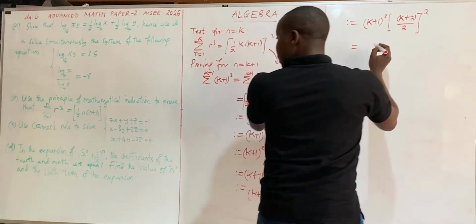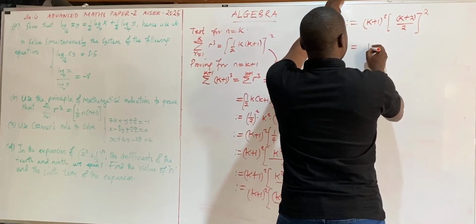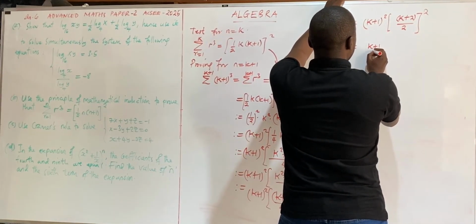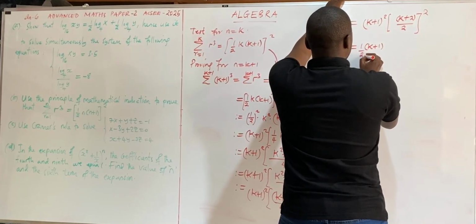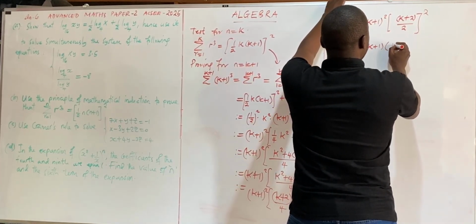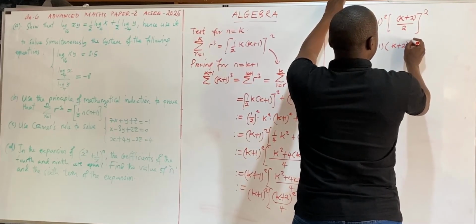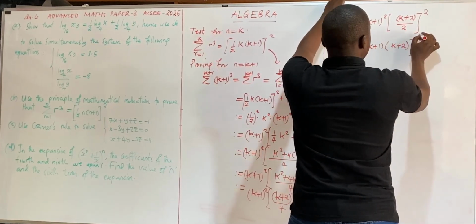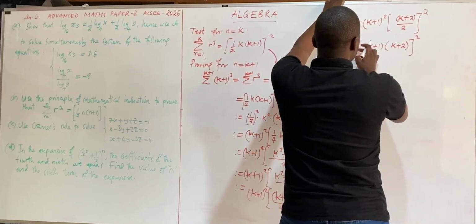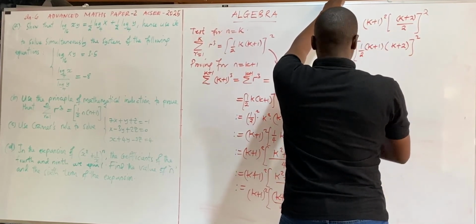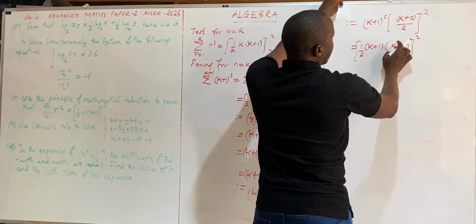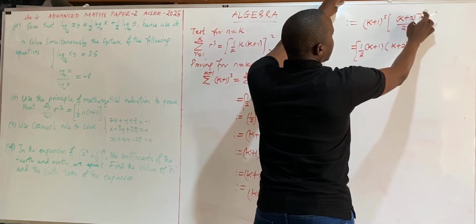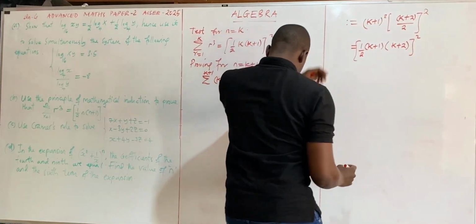So now we can say it becomes k plus 1, then here is 1 over 2, then (k plus 2), then we introduce a square. So that square stays here. That's why we had 1 over 4. When it stays here, we have this one, (k plus 1) squared, and (k plus 2) is squared. Yeah, that's how we have it.